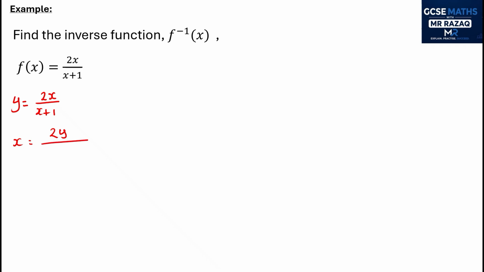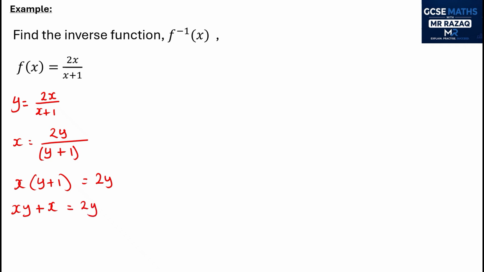That becomes 2y over y plus 1. And now I'm going to make y the subject of formula. That basically means take this y plus 1 to the other side. That gives me x, open bracket, y plus 1 equals to 2y. Expand the bracket, xy plus x equals to 2y.